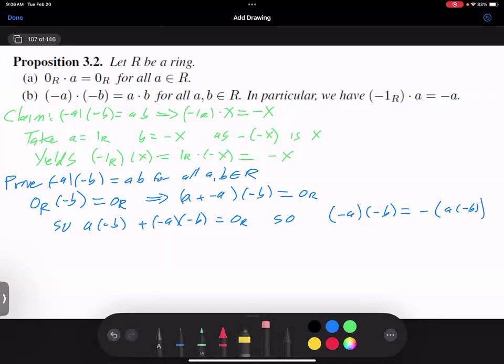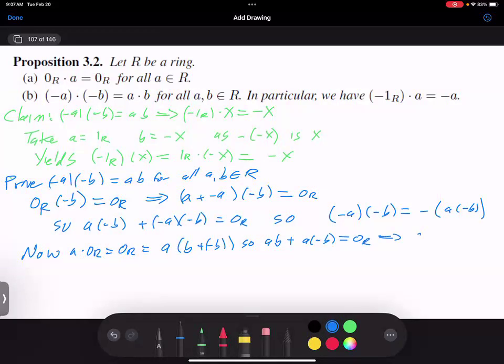Now if I have A times 0, that would be 0, and that's A times B plus negative B. So AB plus A negative B equals 0, which implies A times negative B is negative AB.